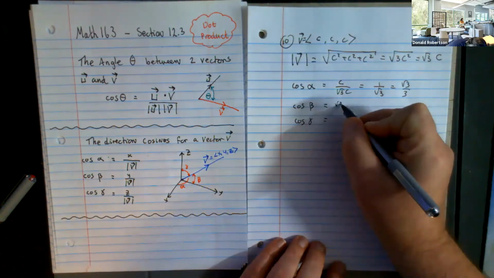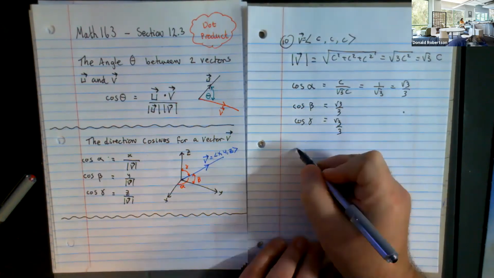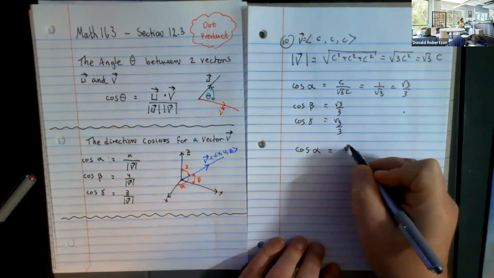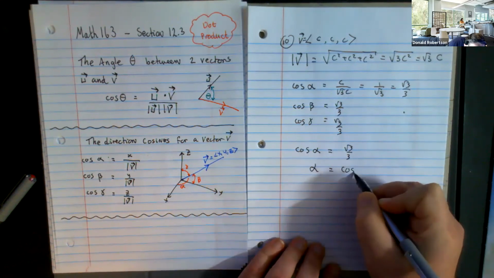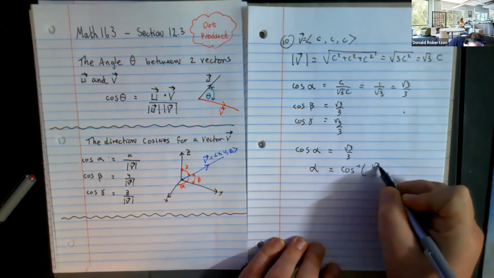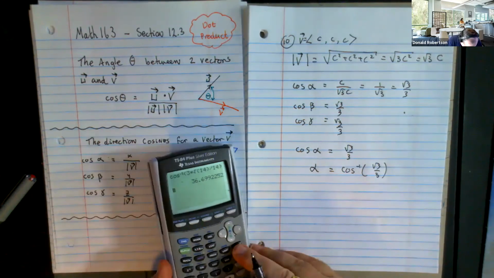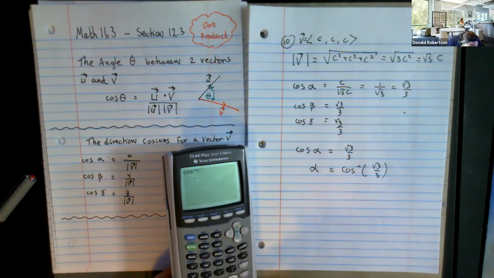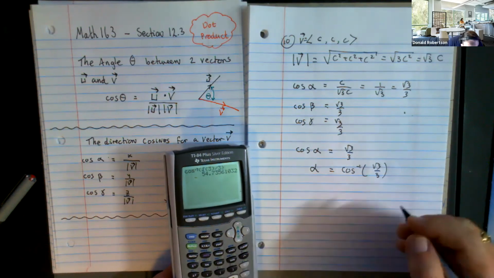So that's going to be that guy and that's going to be that guy. And now I can use, say, the first direction cosine, which is this fella, and I can find the size of angle alpha. Inverse cosine of the square root of 3 divided by 3, and it's about 55 degrees.